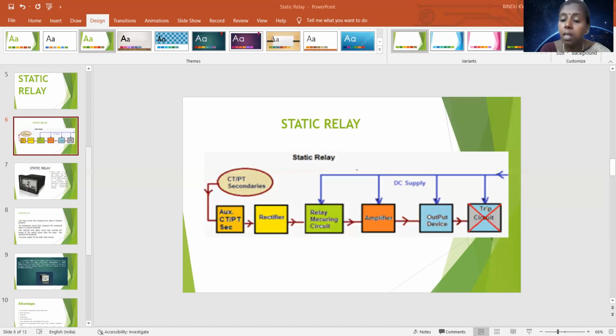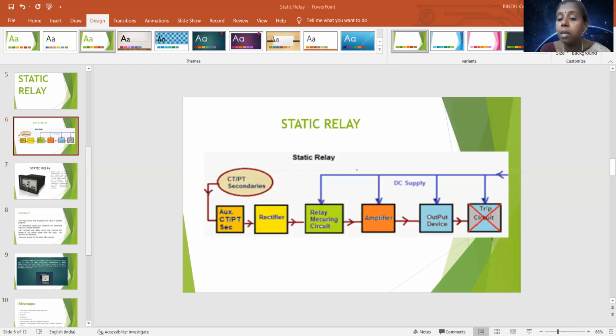The static relay also comprises a comparator circuit. What is the purpose of the comparator circuit? The comparator circuit compares two or more currents or voltages, and then gives a signal to your static relay or to your thyristor circuit.